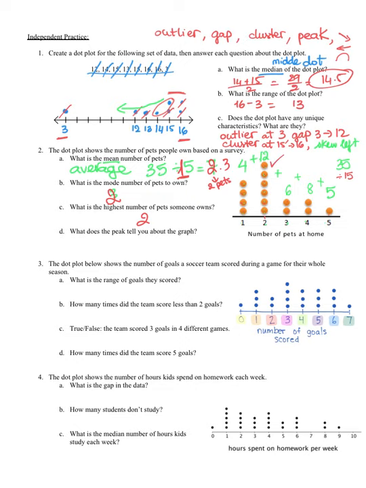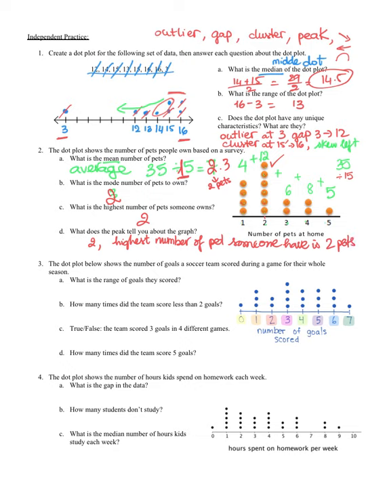What does the peak tell you about the data? The peak is also at 2, and it's telling me that the highest number of pets someone has is 2 pets. Yep.